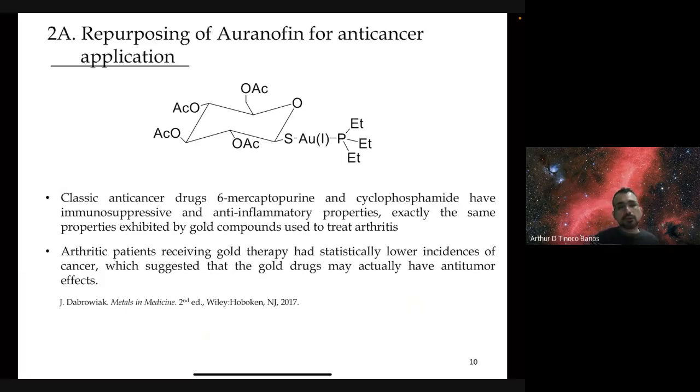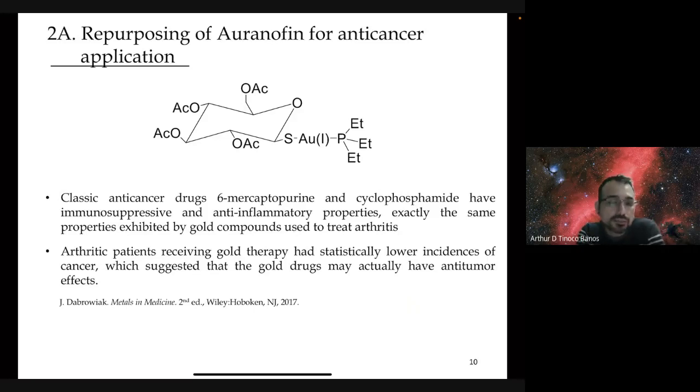But let's focus on the studies that have been done to repurpose auranofin for an anti-cancer application. This stemmed from the following: classic anti-cancer drugs, 6-mercaptopurine and cyclophosphamide, have immunosuppressive and anti-inflammatory properties. These were exactly the same type of properties exhibited by gold compounds used to treat arthritis.